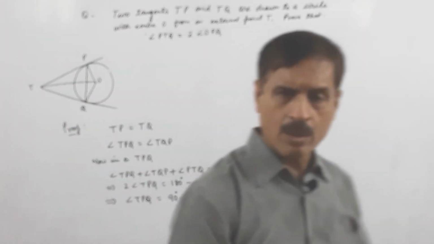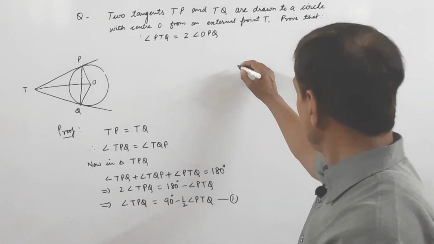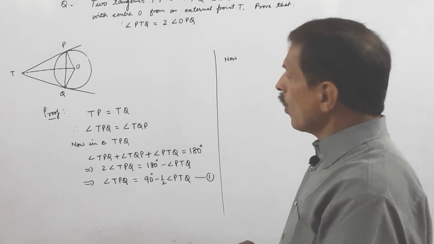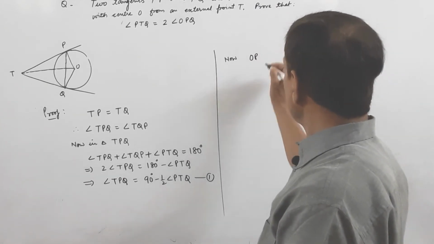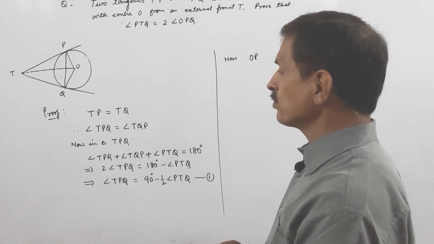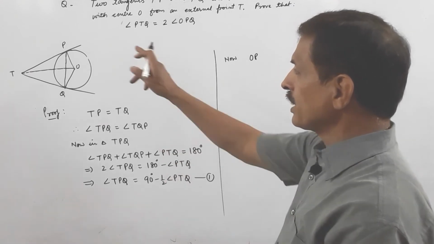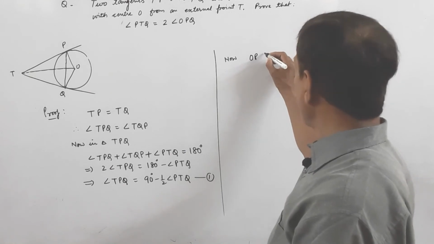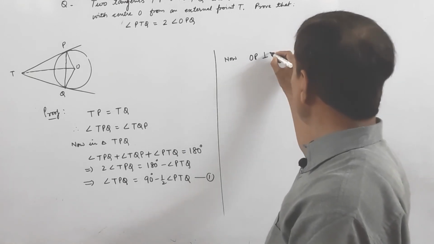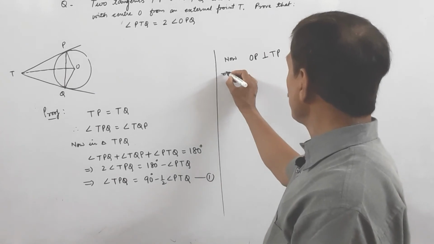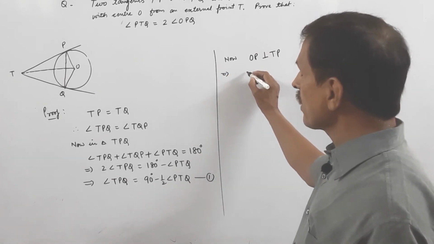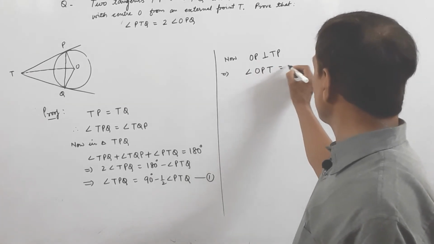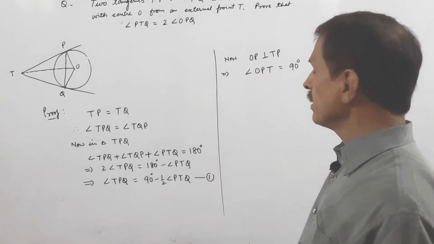Now, OP is the radius from point of contact of the tangent. Therefore, OP is perpendicular to TP, which implies angle OPT is equal to 90 degree.